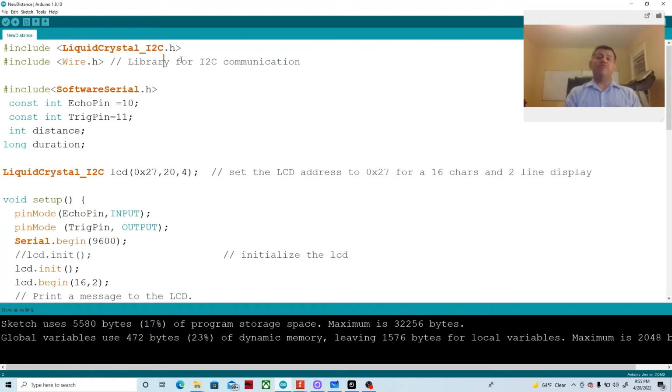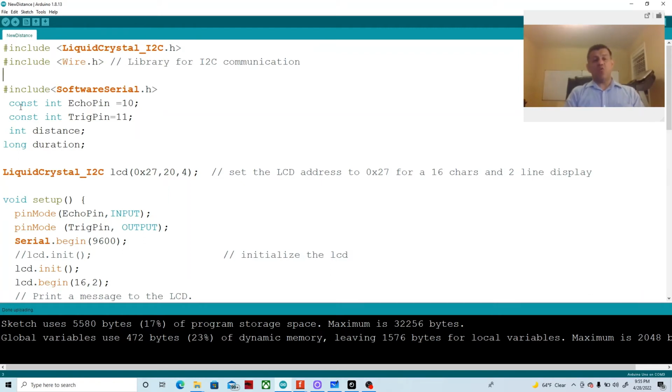If I have the tools available, why should I be writing the library? So I did not do that. Then we include SoftwareSerial.h. This is part of the Arduino, and that is another header file.